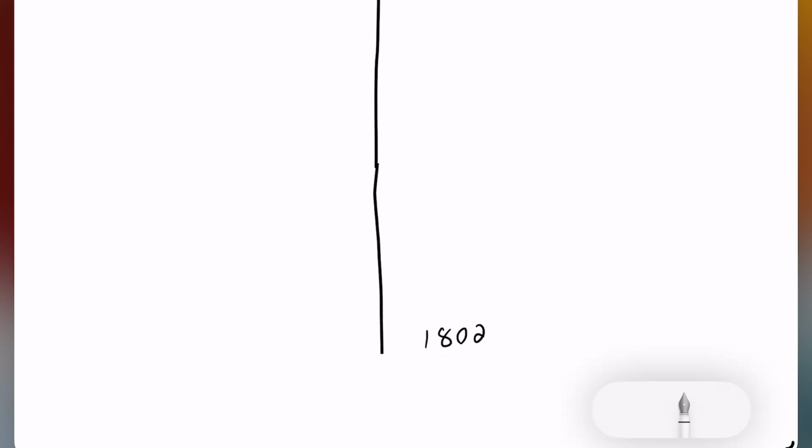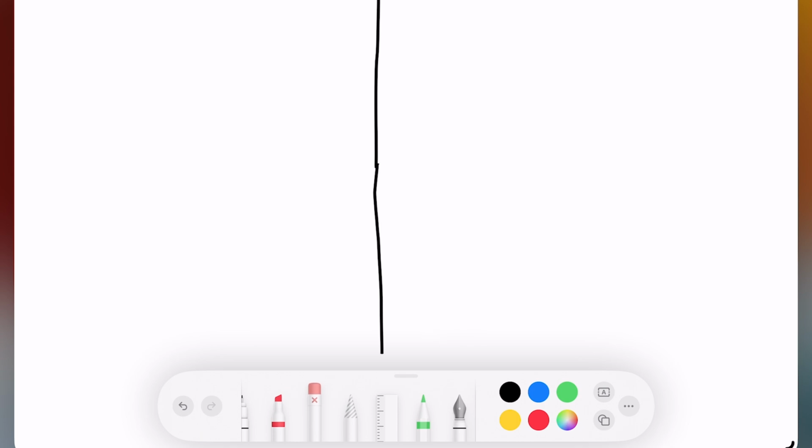Let me erase this. So I would like for you to write at the bottom of the timeline, 1802. Because remember, our timeline is going to begin in 1492, and it's going to end in the year 1802, all right?